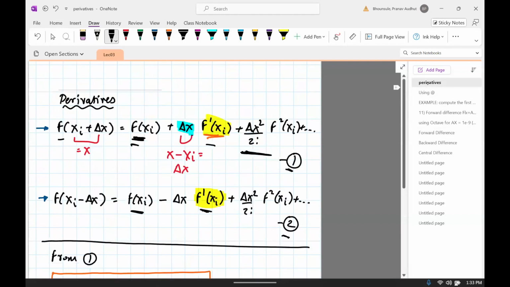So if you look at these expressions, if you add the first and second expression, then you'll see that this term will cancel with this term, right? Because it's plus and minus. So when that cancels off, you will be able to compute the value for f2x. So that's pretty much what I'm trying to do here.